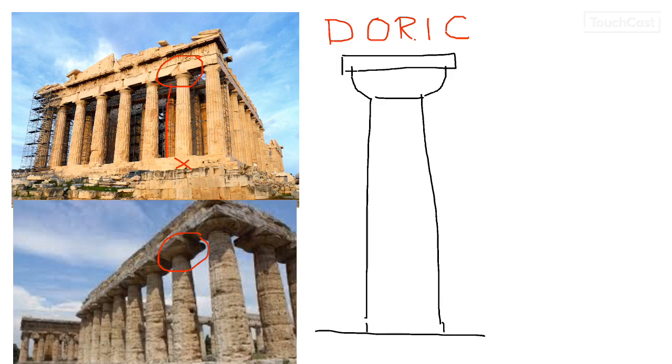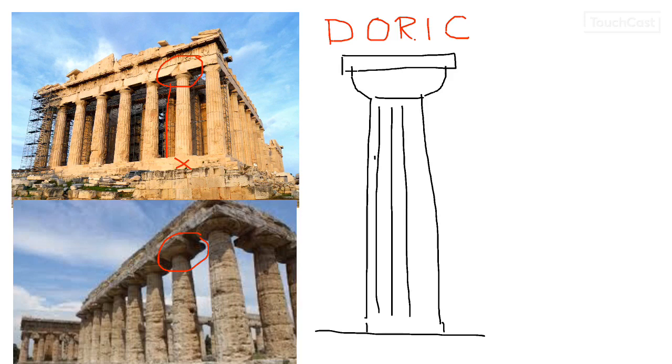And if I draw the floor, then we can see there's no base. You can also see that there are what are called flutes carved in, like lines going down the side. That was true for most of their columns as well. So pause if you want to, take a minute to draw and label your Doric column.